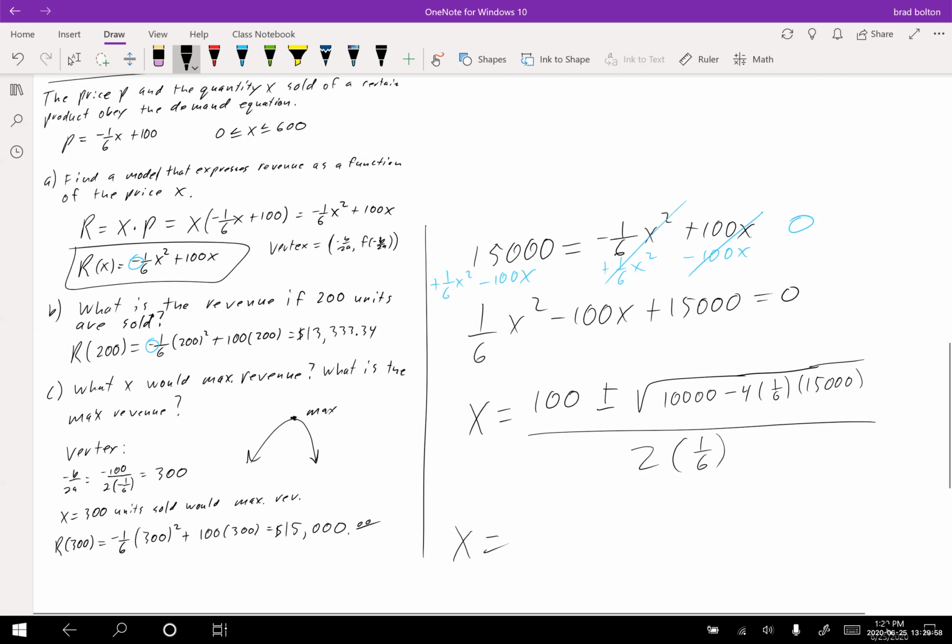So let me get some decimal approximation on my calculator. I'm just entering it in my calculator. Minus 2 divided by 3 times 15,000. Oh, it's going to be 0.